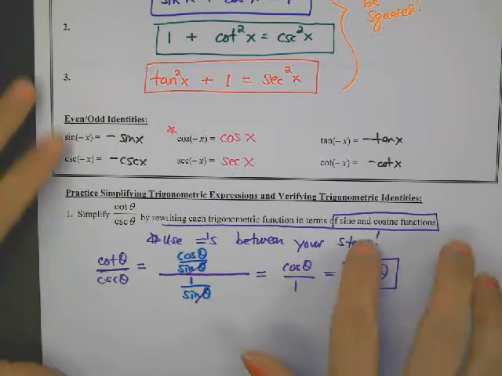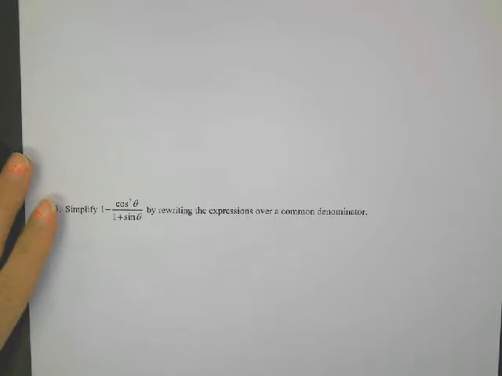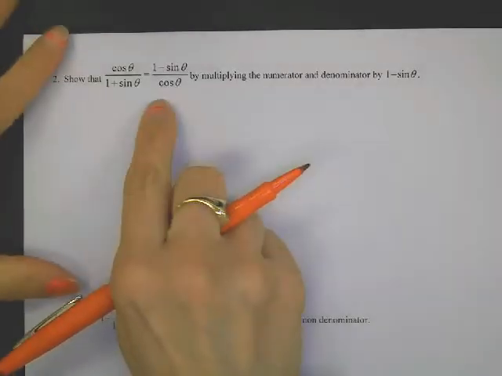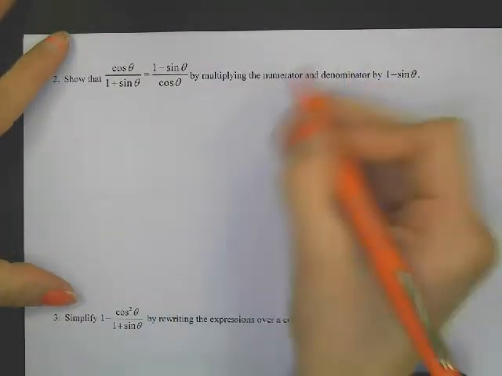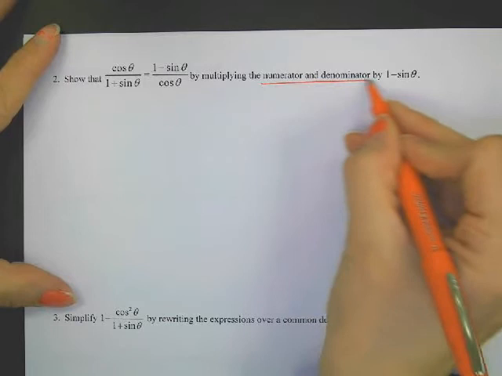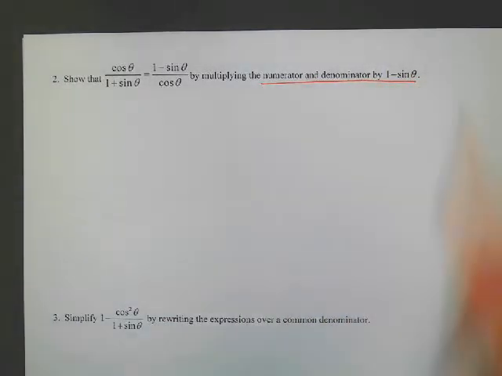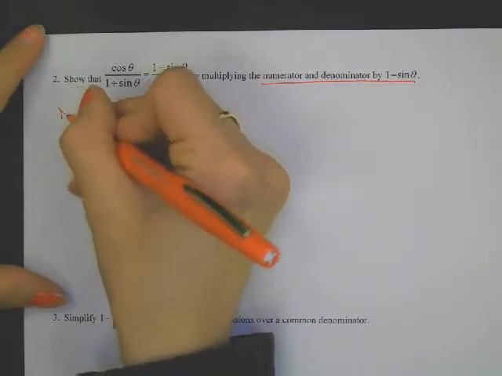In the beginning, we're going to give you some hints just to give you some techniques and get you started. Here's another technique. Show that this equals this by multiplying the numerator and the denominator by something. Of course, what you do to the top, you do to the bottom. I have to tell you a rule here.